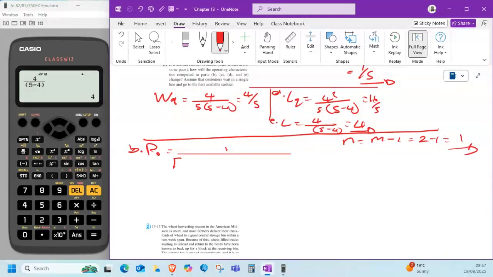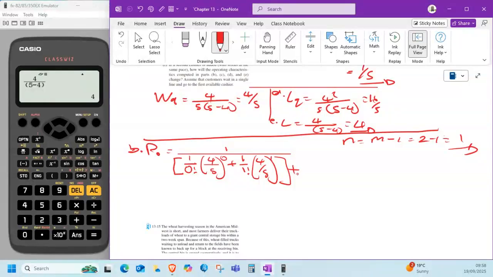You say 1 over 0 factorial, and then (4/5) to the 0, plus you repeat again the very same thing plus 1. See, this goes to 1 now. Then it's going to be 4/5, and then now it becomes 1.